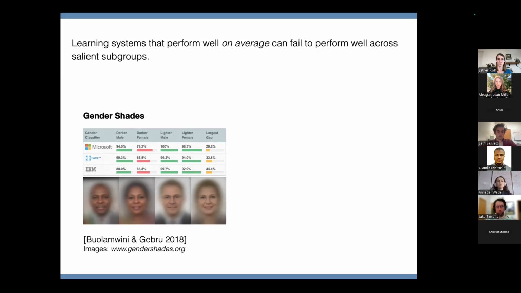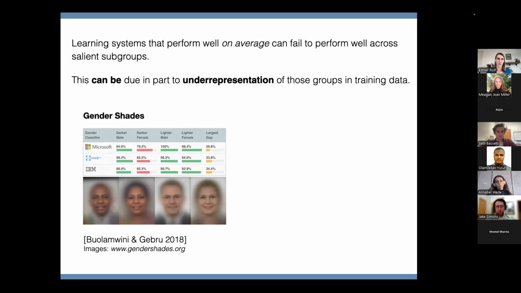In particular, they worked much worse for darker skinned females than other intersectional subgroups. And one very clear reason for this is that those groups were underrepresented in training and evaluation data. So if people aren't familiar with that study, I highly, highly recommend reading the Gender Shades study.